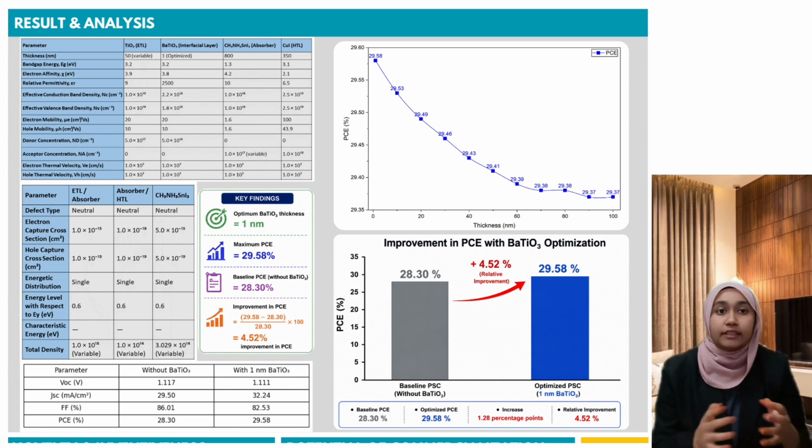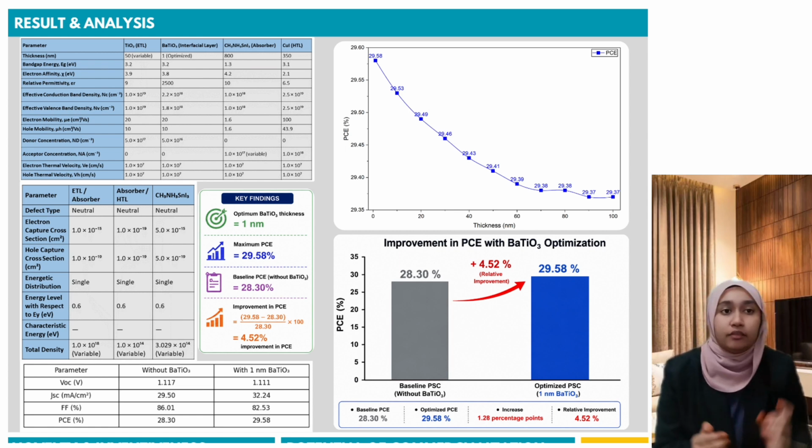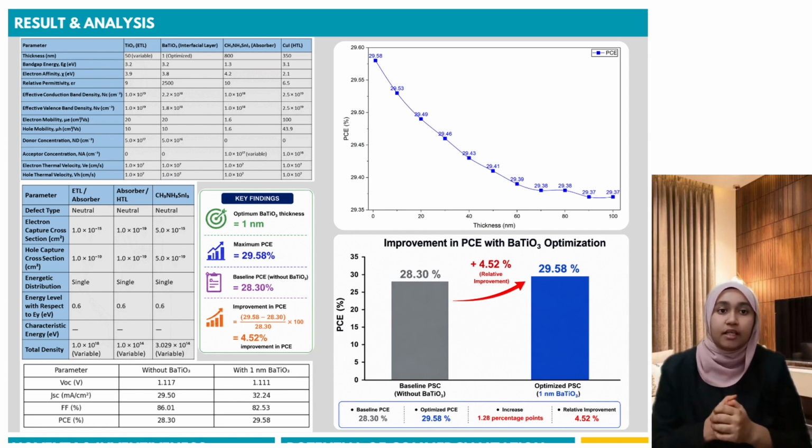This indicates that an ultra-thin barium titanate layer provides the most effective pathway for charge transport. When the layer becomes thicker, additional resistance may be introduced, which reduces the device performance. Therefore, the optimum barium titanate thickness obtained in this study is 1 nanometer.